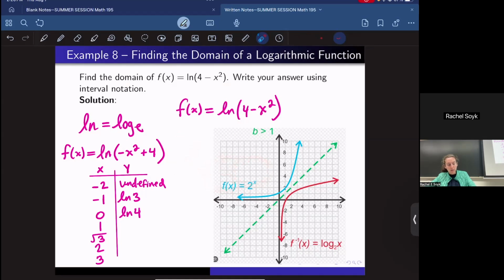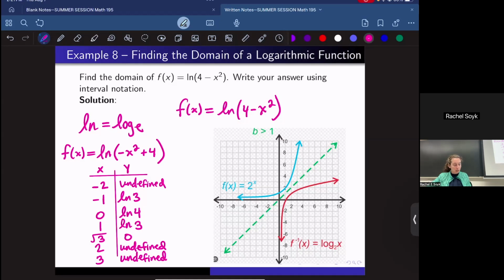Anything to the 0 power gives you 1. So square root of 3 and 0, that's a famous one. And then if we plugged in 1, then we would get natural log of 3. Same values. And then 2 should also be undefined, which means we're going to have a nice vertical asymptote. And then 3 is also undefined, right? Can't take the natural log of negative numbers.